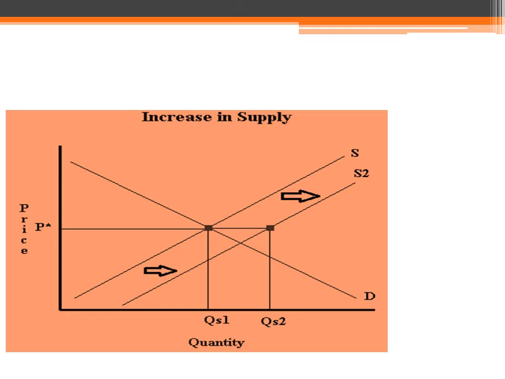More quantity is supplied at a given price. So due to favorable changes in the non-price factors, the rightward shift of the supply curve is called an increase in supply. In this picture, the supply curve shifts from S to S2, where more quantity is supplied at the same price. This is called increase in supply.